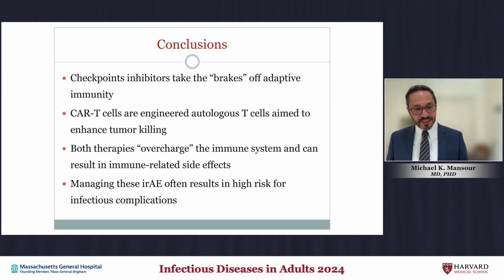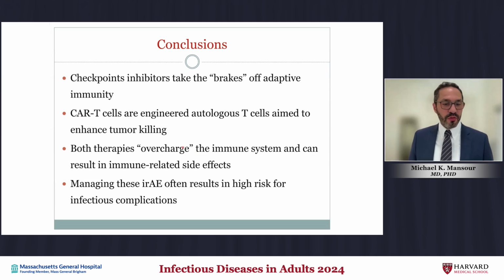They definitely enhance T cell activation, and they both result in these immune-related side effects. In the setting of immune checkpoint inhibitors, we've seen every organ essentially present with autoimmune-like syndromes, but more commonly it's skin, GI tract, and lung, but every organ has been published and described to having an autoimmune phenomenon.